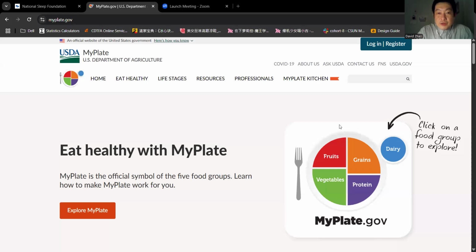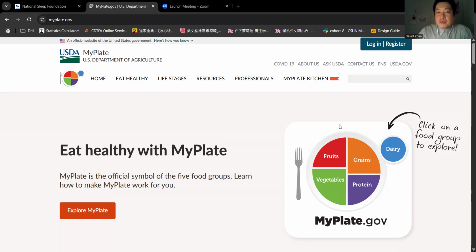Let me switch over to another website, which is very useful in terms of food, food choices, and food intakes. This is myplate.gov, an official government website by the United States Department of Agriculture.